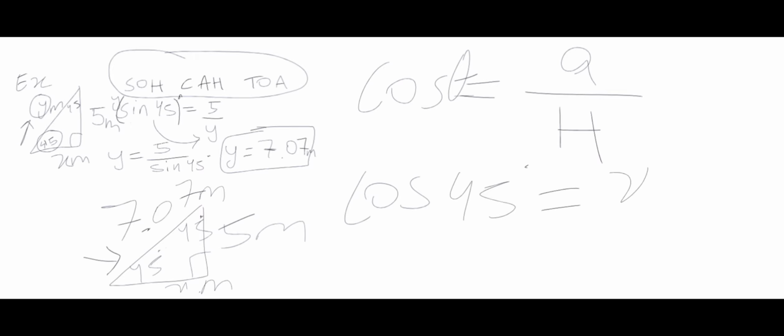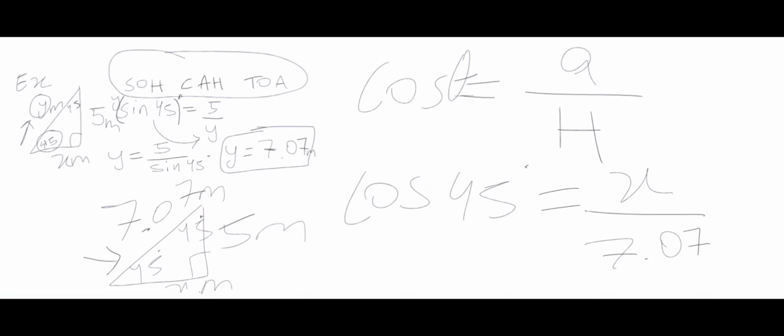So cosine is adjacent over hypotenuse. Cosine of theta, I put 45 degrees here, is x over 7.07.